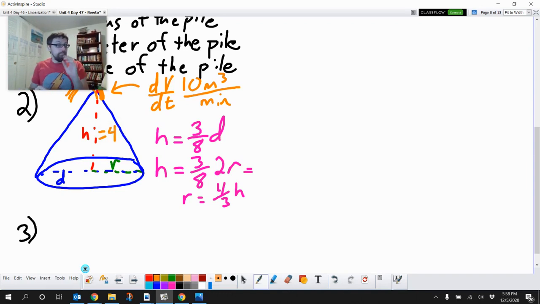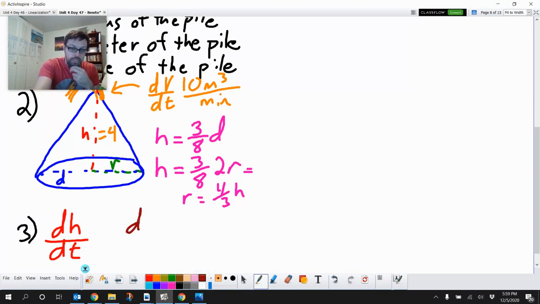So there are two rates that we're interested in. We are interested in the change in height at that particular time, and we're also interested in the change in our radius. So we want both of those things for our problem.